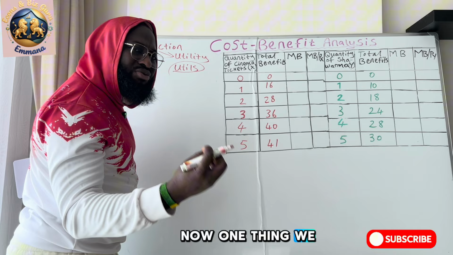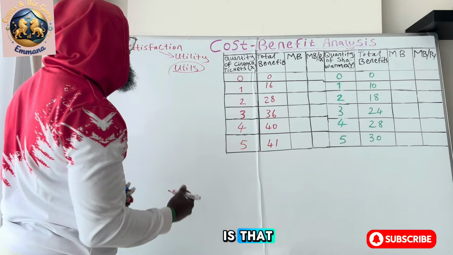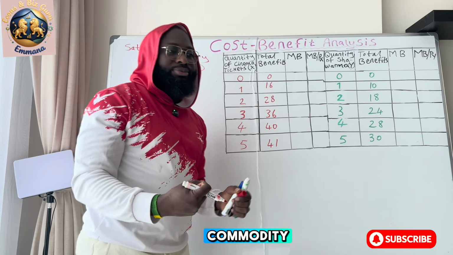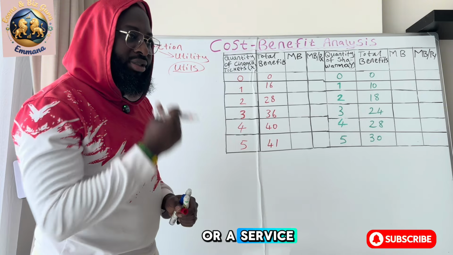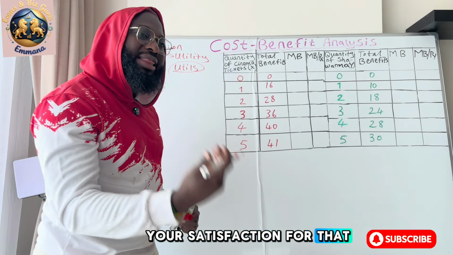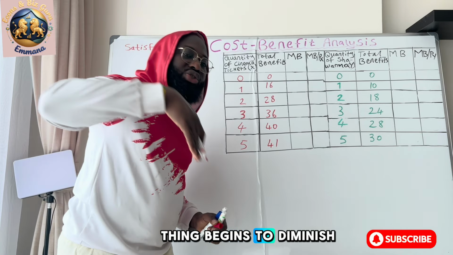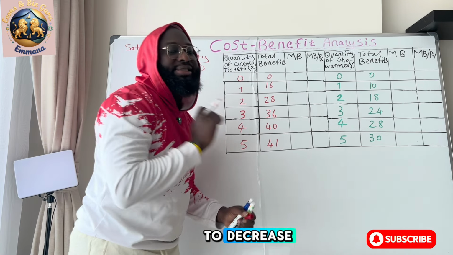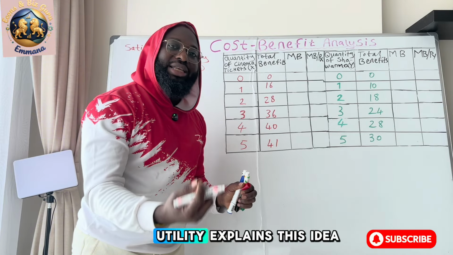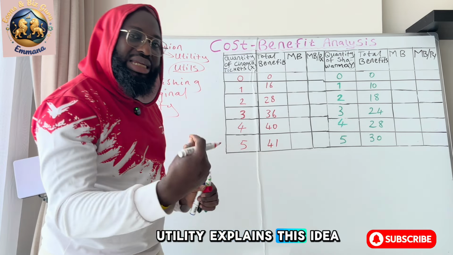One thing we should know in economics is that when you consume a commodity, be it a good or a service, your satisfaction for that thing begins to diminish, to decrease. That is why the law of diminishing marginal utility explains this idea.